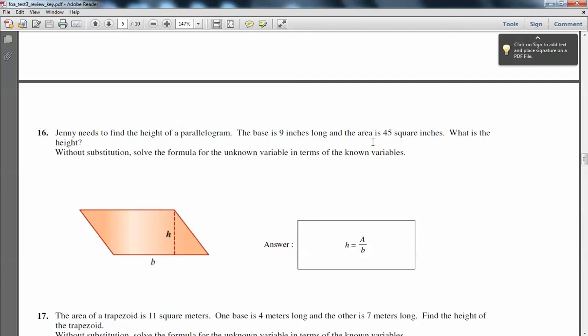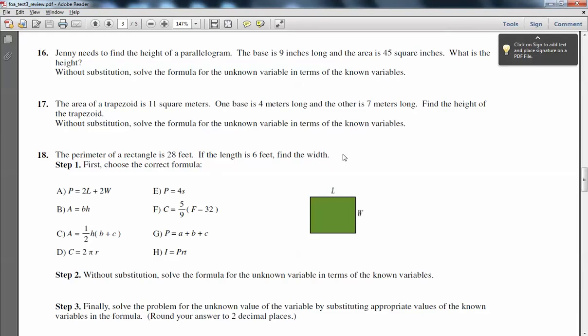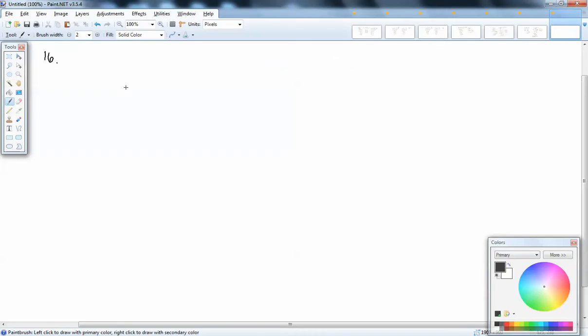Base is 9. Area is 45. Okay, area. So we're talking about base and area.